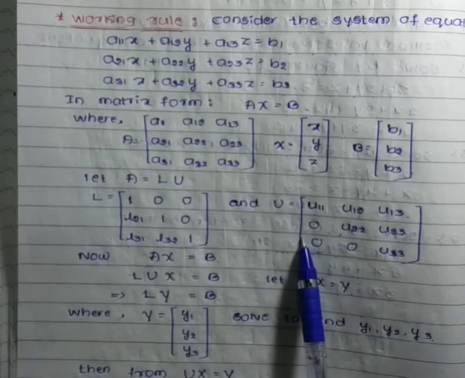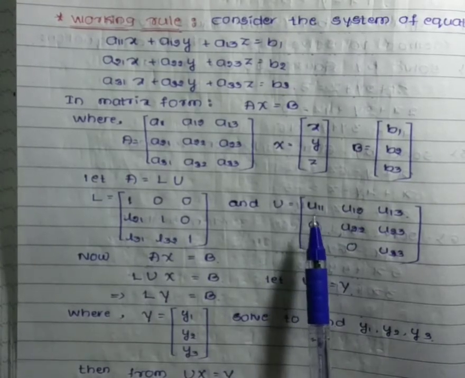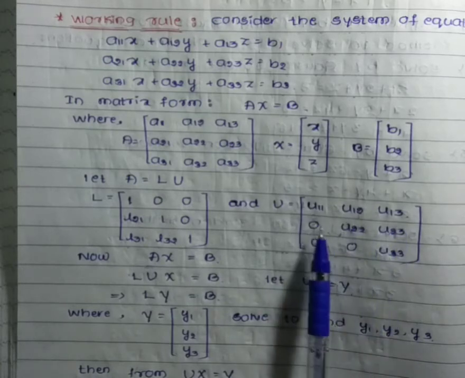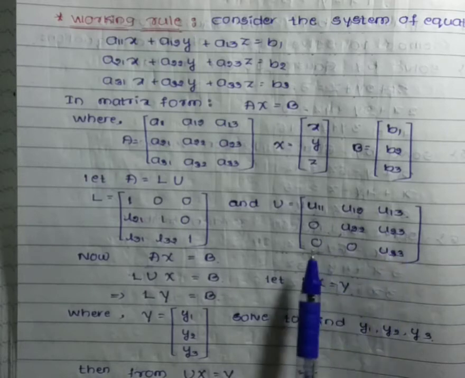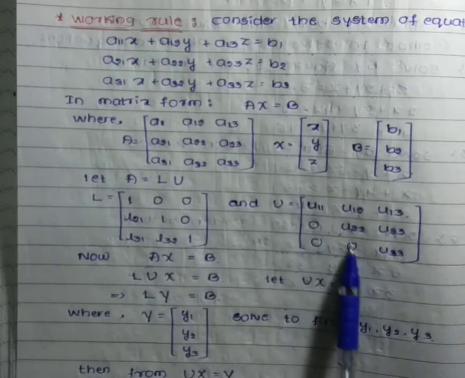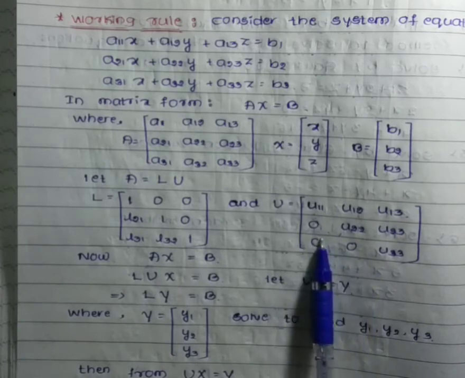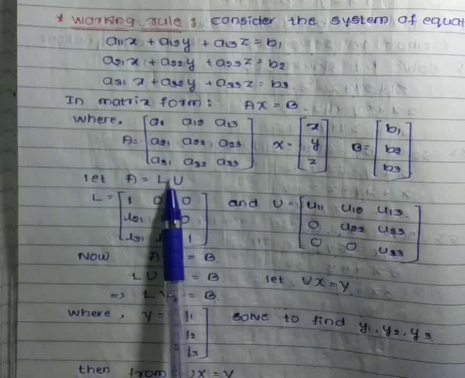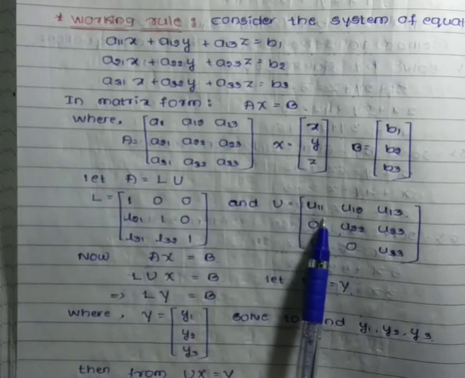Similarly, when we write the upper triangular matrix, the elements are u11, u12, u13, 0, u22, u23, 0, 0, u33. As it is an upper triangular matrix, the elements below the diagonal are 0. So this A matrix we have to factorize in terms of a lower triangular matrix and an upper triangular matrix.